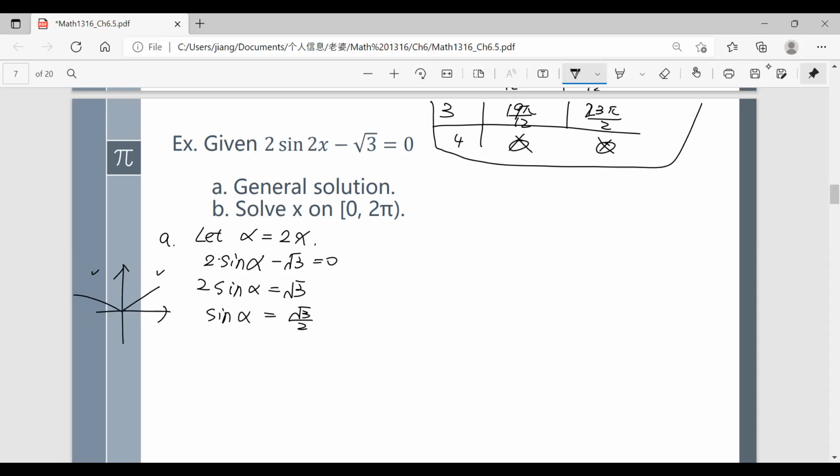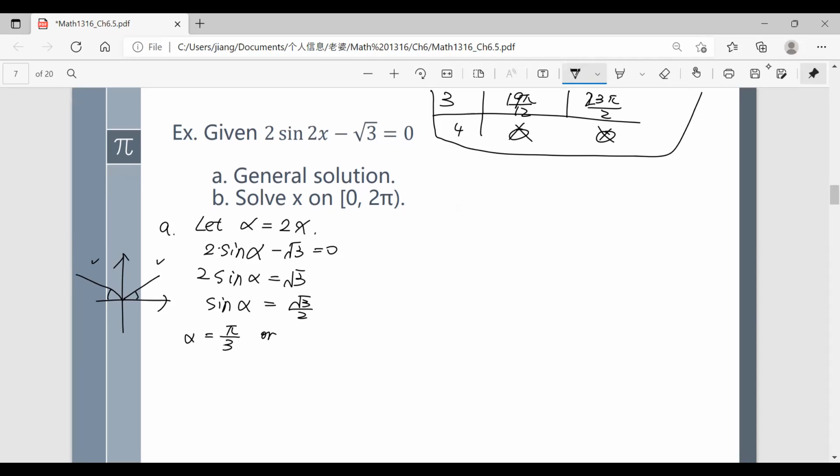It's not that good, but it's fine. So alpha here equals pi over 3, because sine alpha equals square root of 3 over 2. That means alpha here, the reference angle is pi over 3.